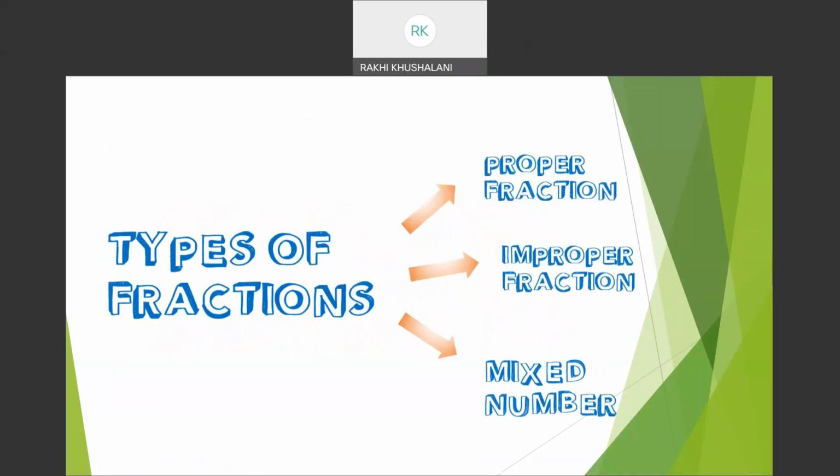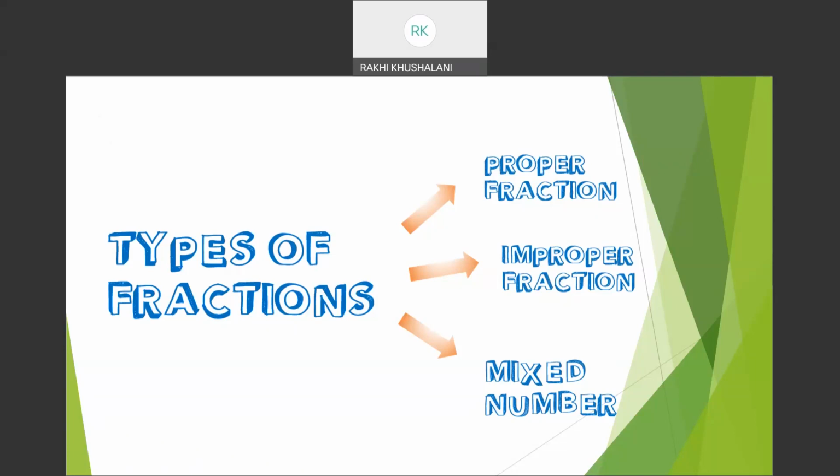Basically, the most important ones we talk about are proper fraction, improper fraction, and mixed fraction, or mixed numeral, or mixed number. Apart from that, we have a few fractions like unit fraction, like fraction, and unlike fraction.